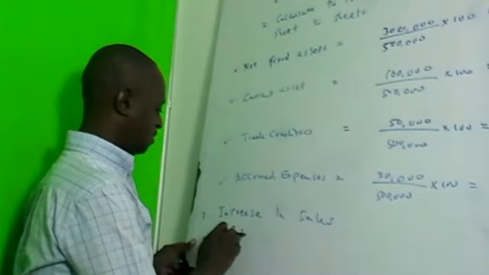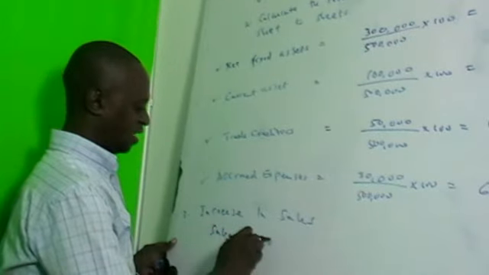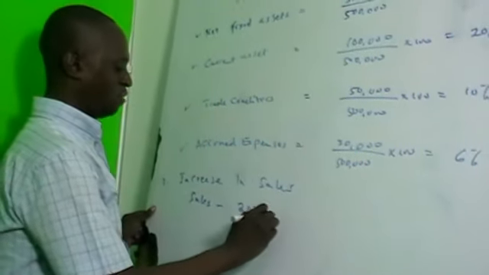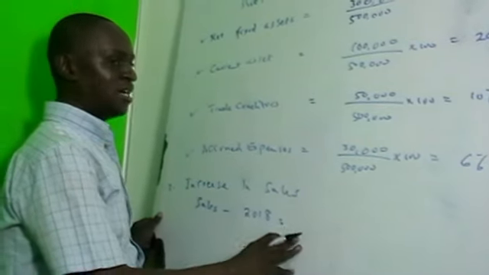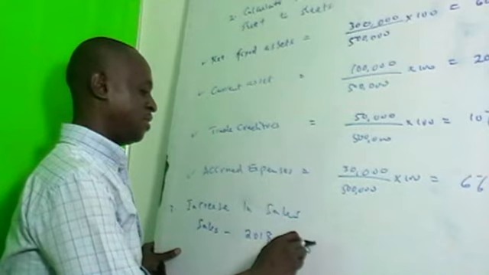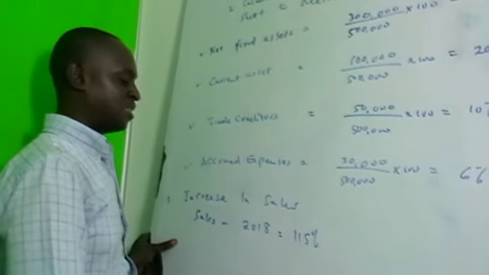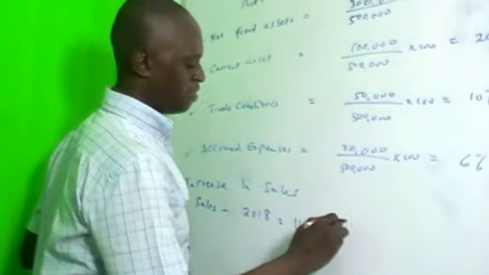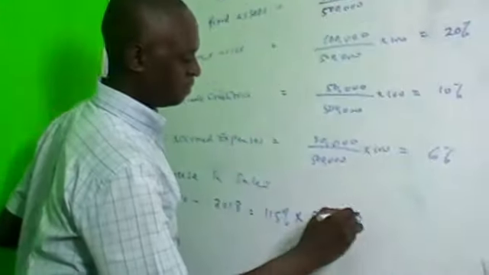Now we have sales 2018. So sales for 2018 will be, we are told that they are going to increase by 15%. So it means that it will be 115. Where is this 115 coming from? You take 100% plus the increase. So multiply by the 500,000.